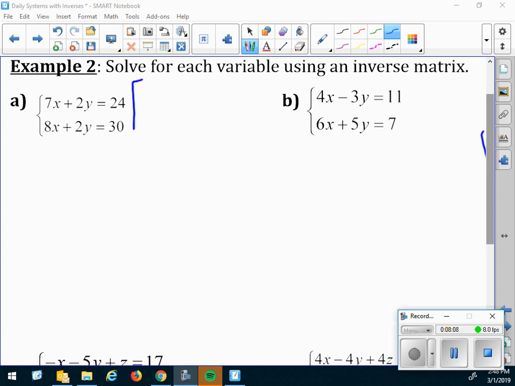Our matrices, what's the variable matrix going to look like? 7 and 2, 8 and 2, times the matrix XY equals what I call the answer matrix.